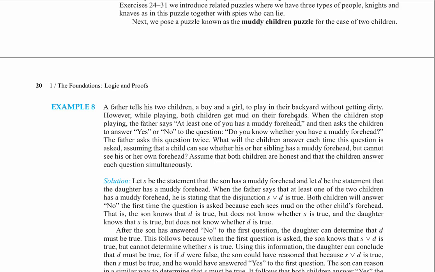They both get mud on their foreheads. The father says, at least one of you has a muddy forehead. And he asks the children to answer yes or no to the question, do you know whether you have a muddy forehead?